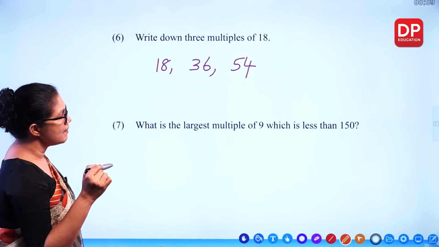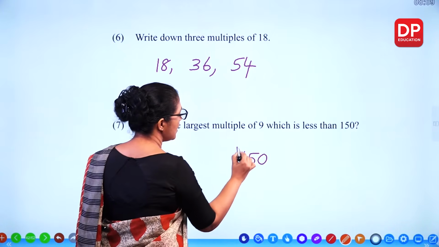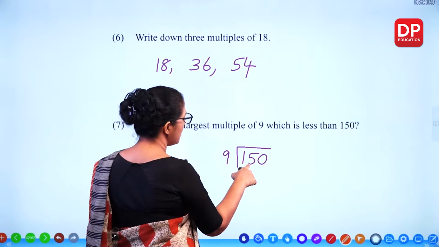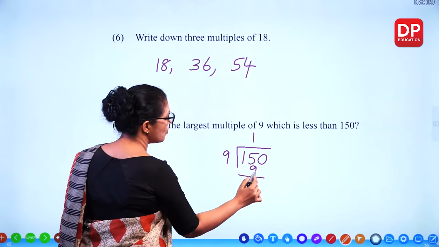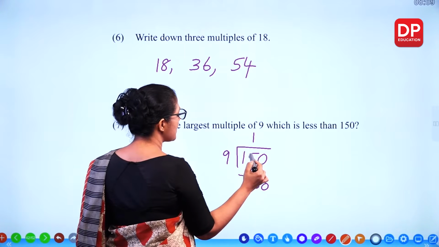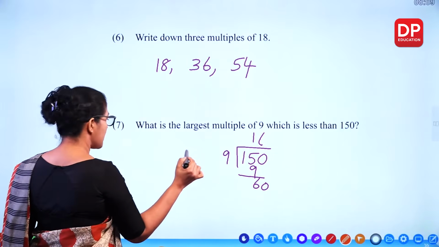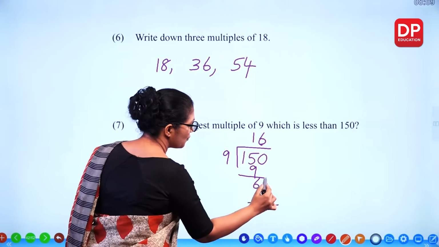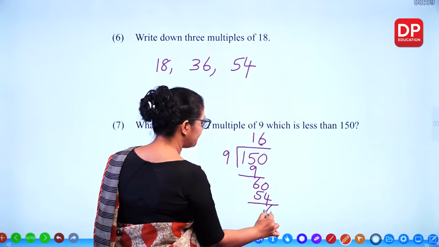So, we'll divide and see. 150 divided by 9 and see what's the number. 9 times 1, 9. So, you get 6. For 60, 9 times 6, 54. So, the remainder is 6.